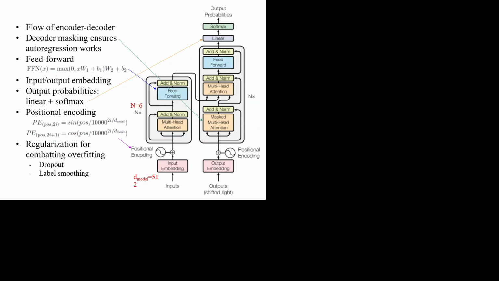This is Q here. In the original figure of the paper, they don't say which is Q, K, and V, but you have to check their code. And K and V are from here.